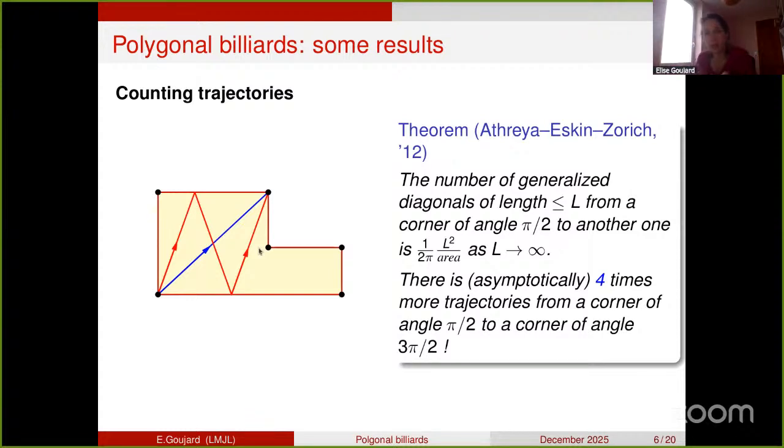And this 4, I never found a simple reason why it should be this number 4. You could believe that this is a rather simple problem to address, but this number 4 is kind of mysterious just looking at the billiard. So I will come back to this number later also.